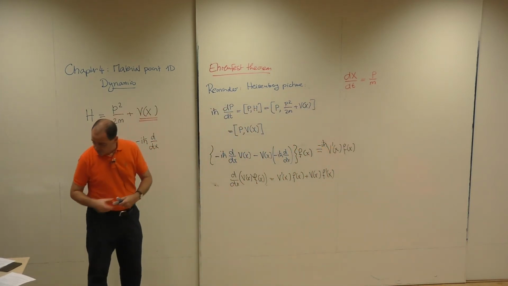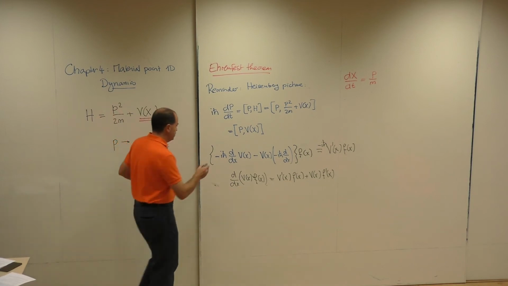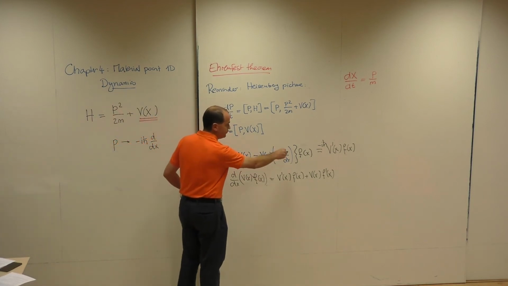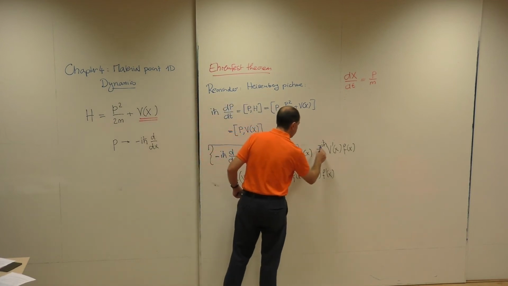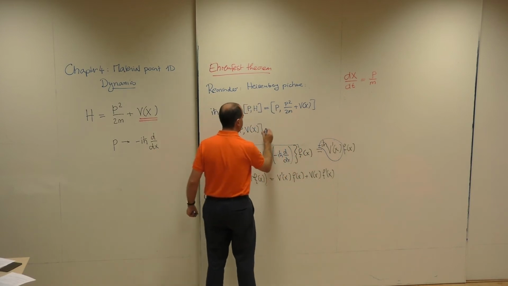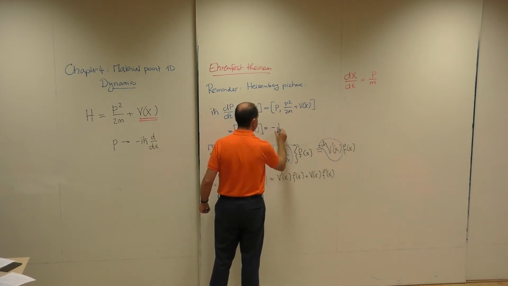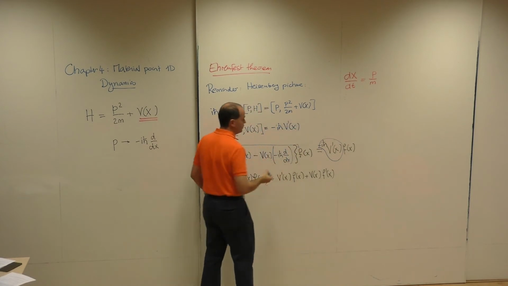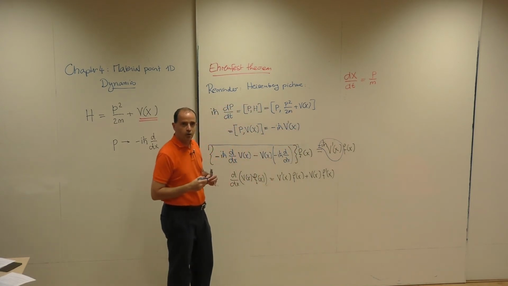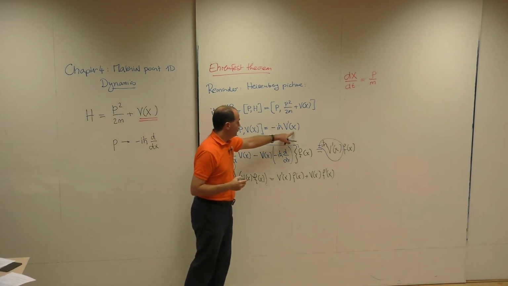So, you see, now, because this is true for every function f, this operator is equal to that thing. And so here we have minus i h bar v prime of x. So what is this operator?